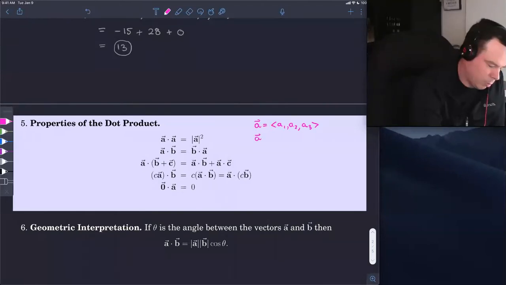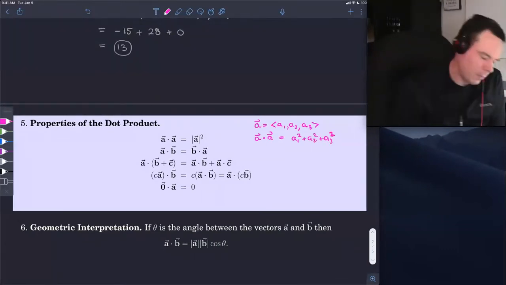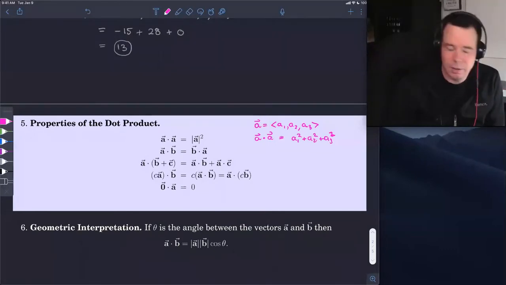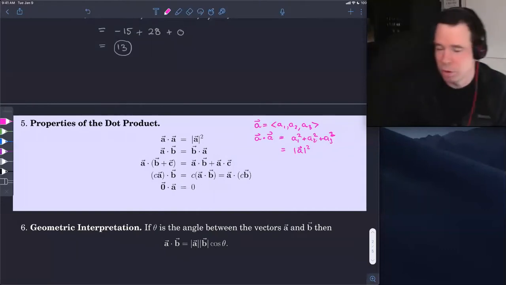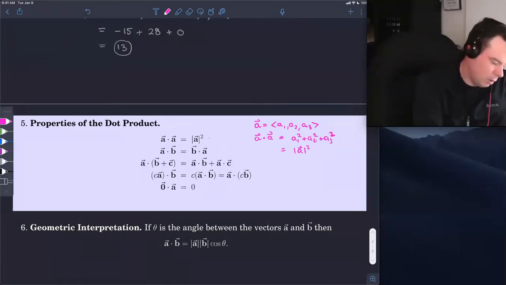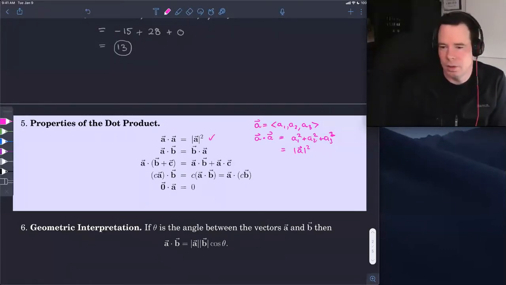If I take the dot product of A with itself, then I just get A1 squared plus A2 squared plus A3 squared. And that's just the square of the length of the vector, because the length of the vector is the square root of that quantity. So this is the square of the length. So that's that first property. It just follows from our definition of length and our definition of dot product.